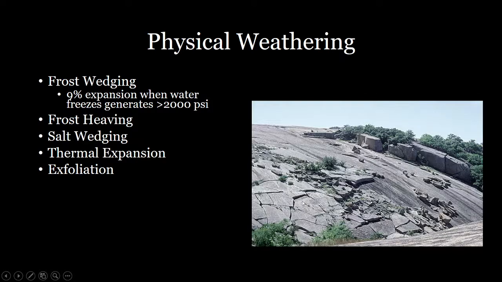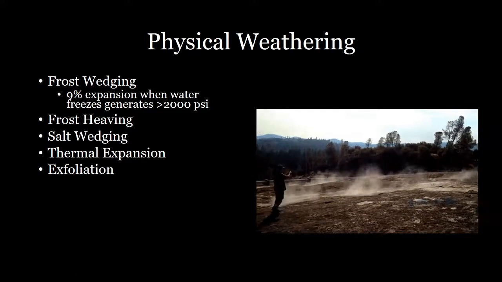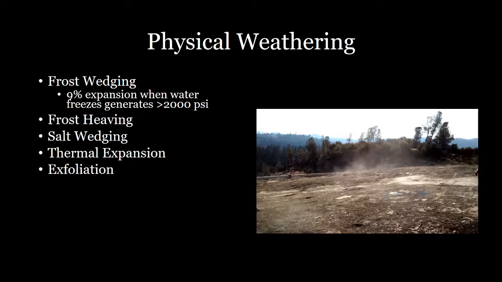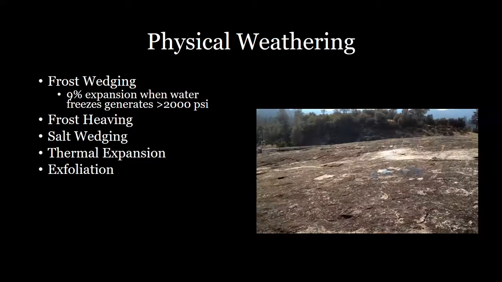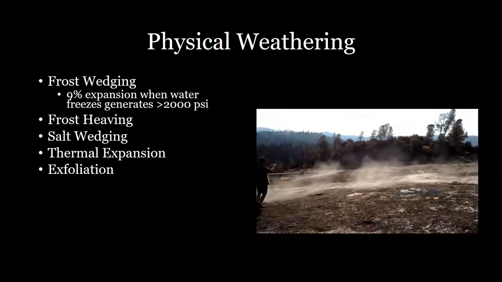You can see here a layer of rock that has been exfoliated off and leaves behind a new lower layer. You can see here that it can also sometimes be somewhat explosive, in which the fracture propagates quickly within the rock and it just bursts off.